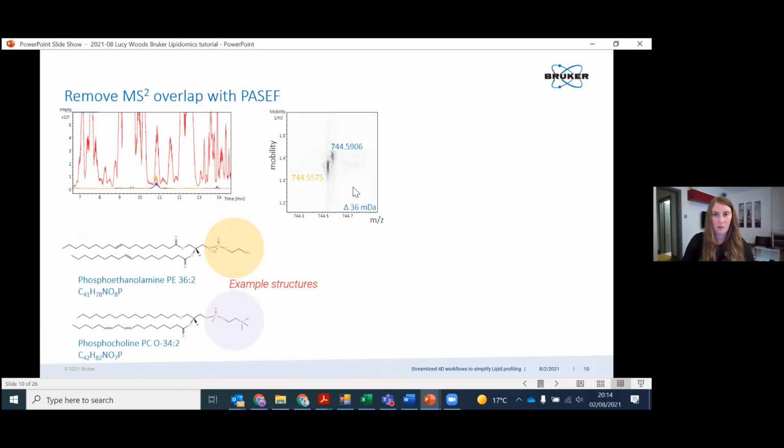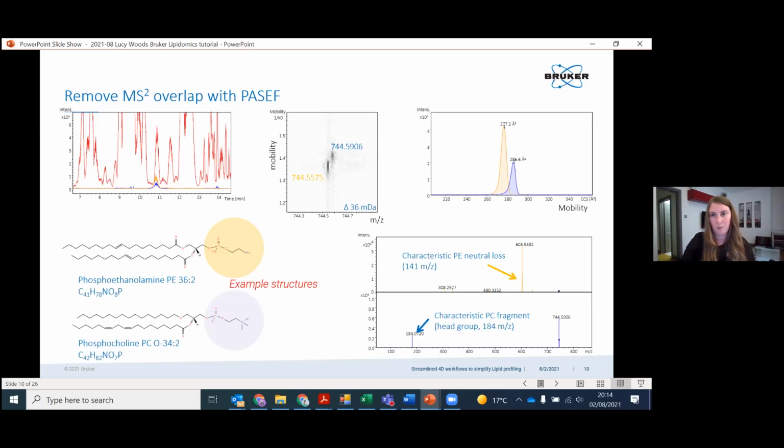And if we look at the 2 different masses, then you can see that they differ by just 36 millidalton. So if you were just running a standard QTOF experiment, then these 2 lipids would be isolated together in your quadrupole and fragmented together. But here we have this mobility separation, just shown on the y-axis.